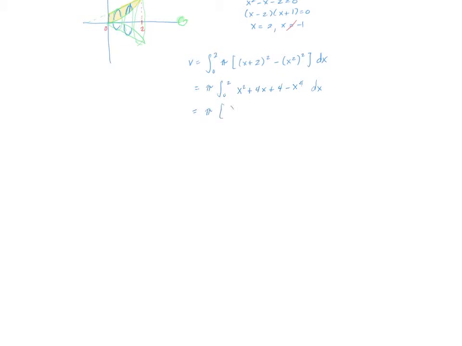The antiderivative would be x to the 3rd over 3 plus 4x squared over 2, which becomes 2x squared, plus 4x minus x to the 5th over 5. And here we're integrating from 0 to 2.